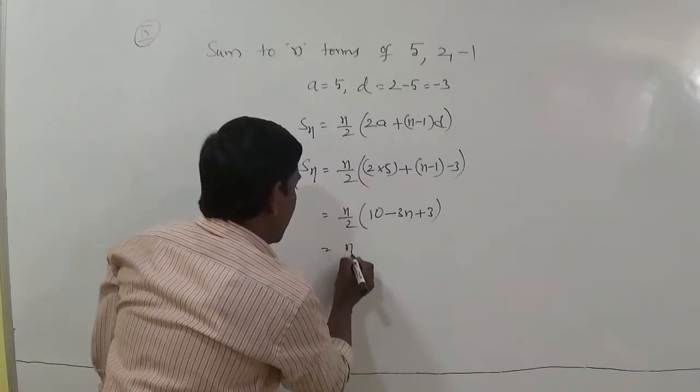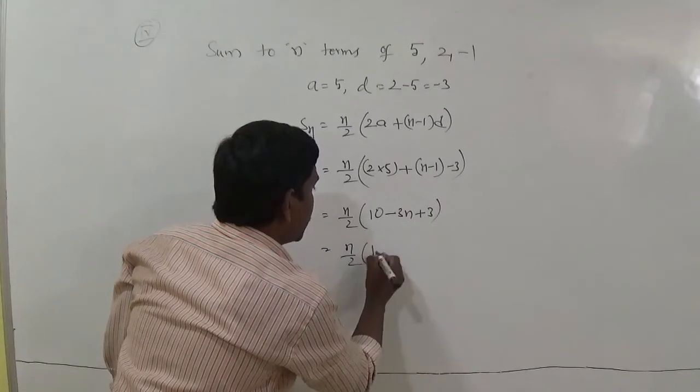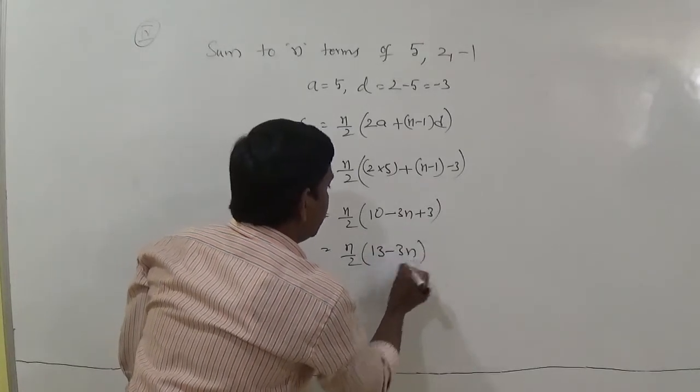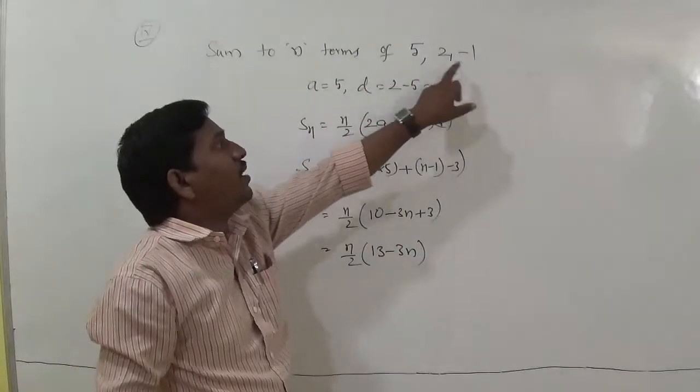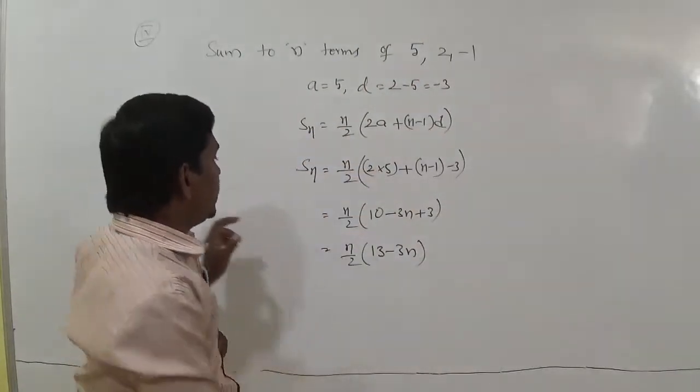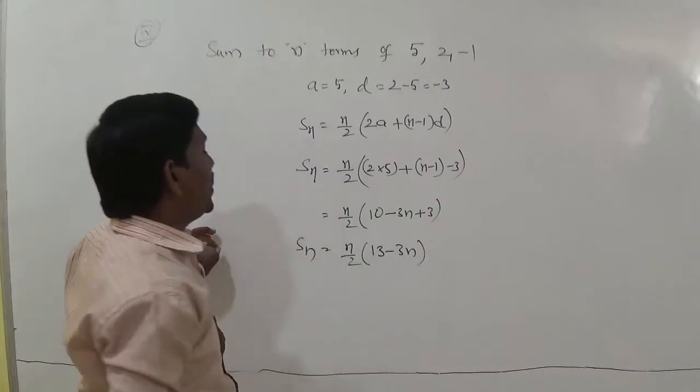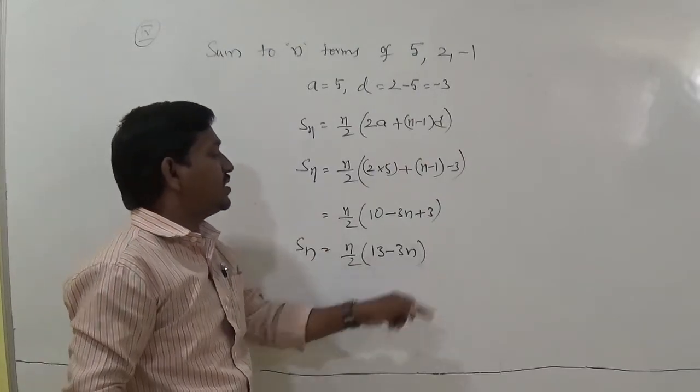That means n by 2 into 13 minus 3n. So the sum to n terms of 5, 2, minus 1 is Sn equal to n by 2 into 13 minus 3n.